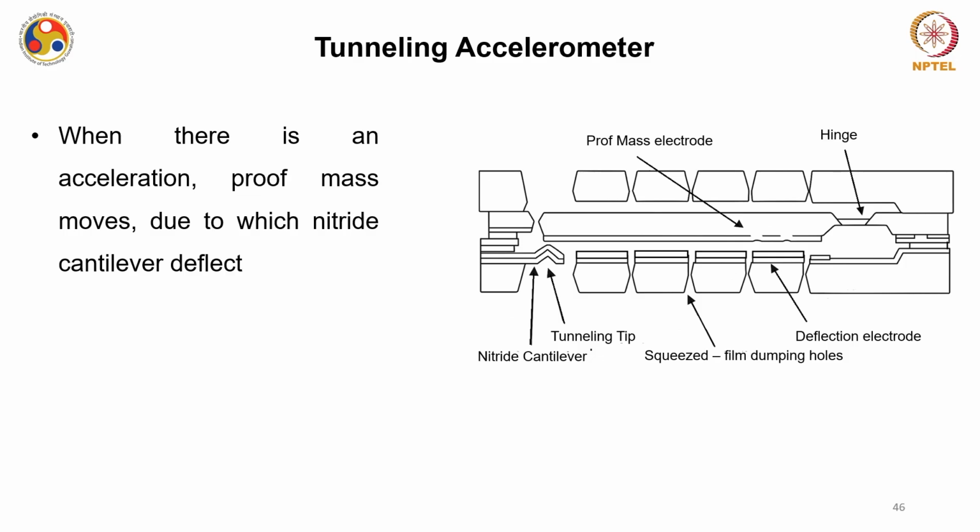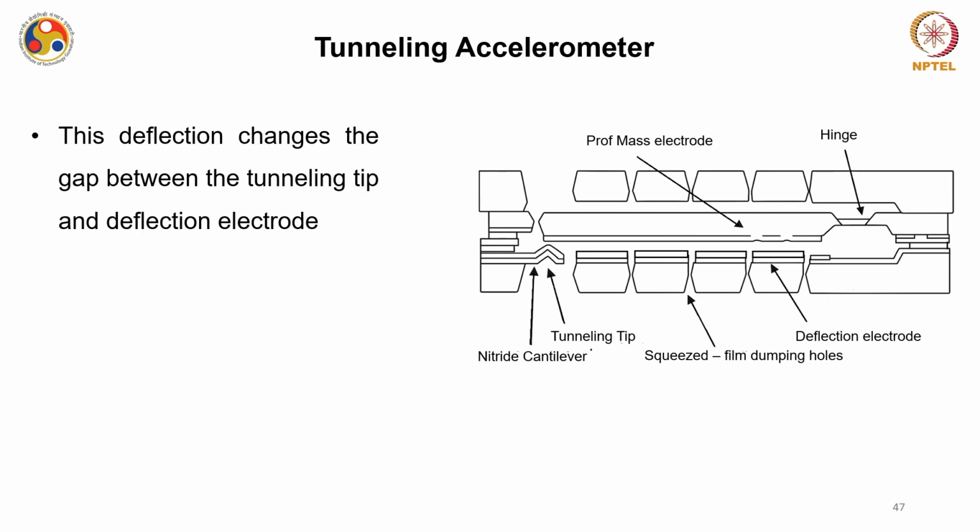When there is an acceleration, the proof mass moves, due to which this nitride cantilever is deflected. Now this deflection changes the gap between the tunneling tip and the deflection electrode.